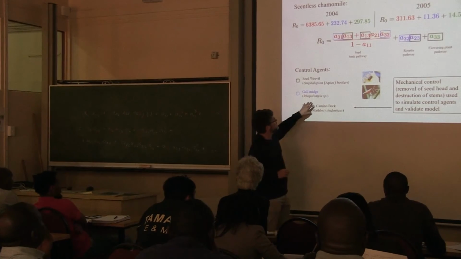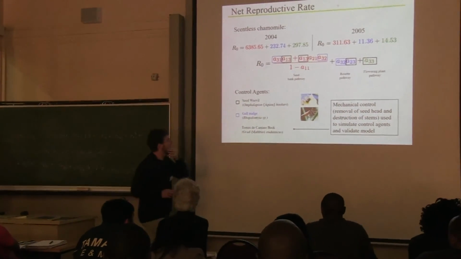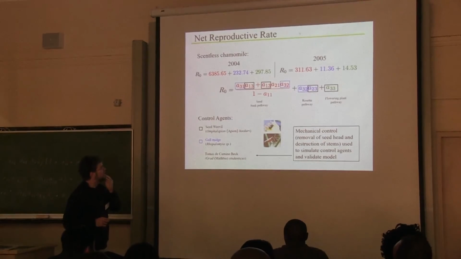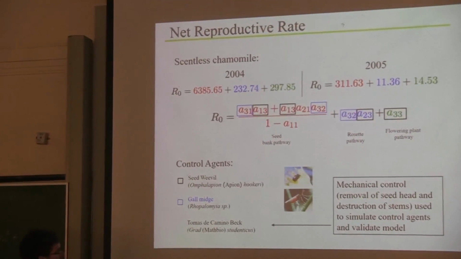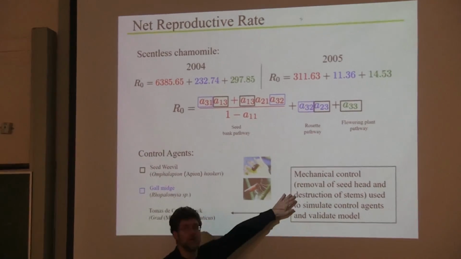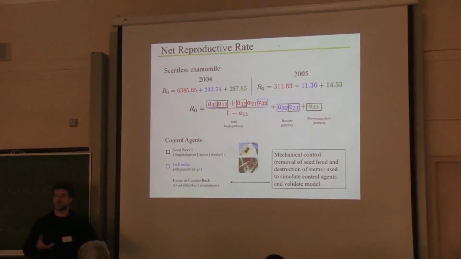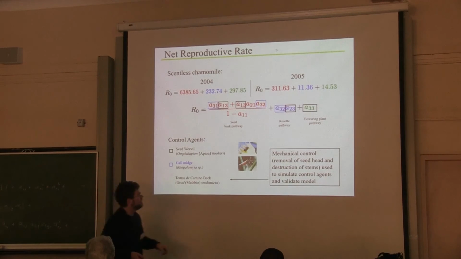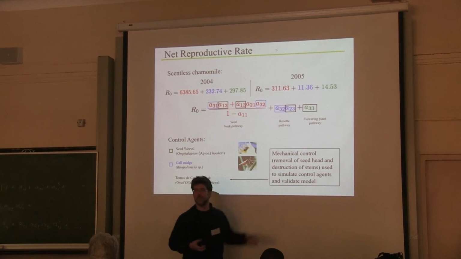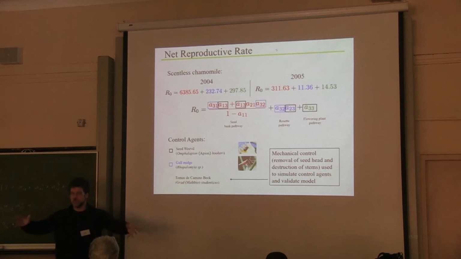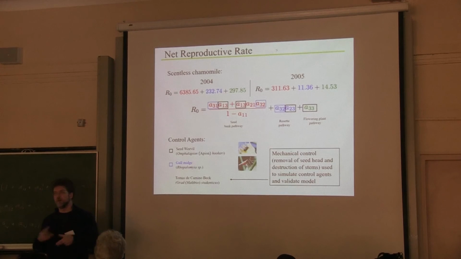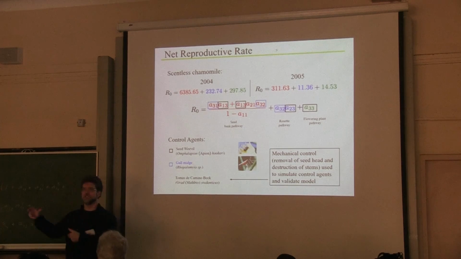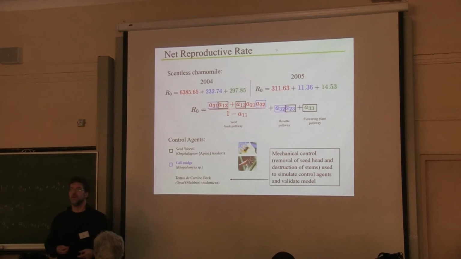Thomas had a couple of years of data used to parameterize, and then each year he also did some mechanical control by pretending he was the biocontrol agent and either removing seed heads or destroying stems. In these plots, he would then measure the new numbers in each of the stages from year to year, and compare with the control.